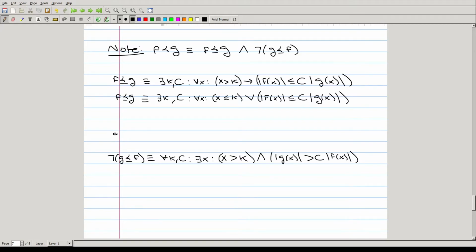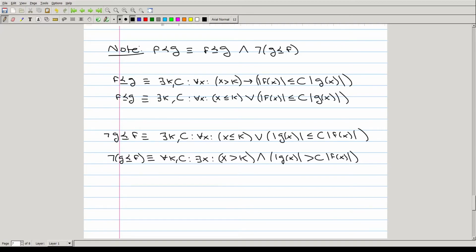because this then means as well that g is dominated by f is the same statement as there exists a k and a c such that for all x, if x is greater than k, then absolute value of g of x is less than or equal to c times absolute value of f of x, which is the same statement as x is less than or equal to k, or absolute value of g of x is less than or equal to c times f of x.